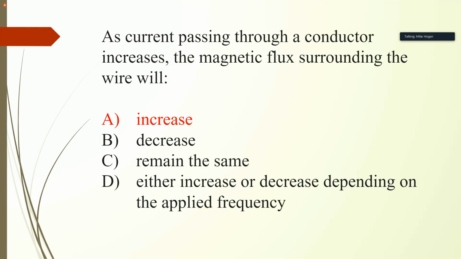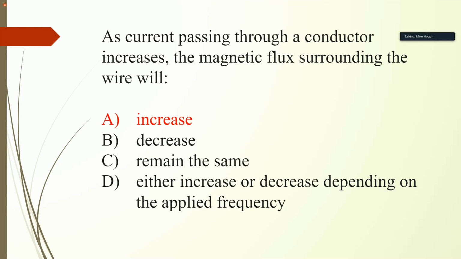So it'll increase, right? It's saying that the magnetic field around the wire, if I have a current flowing through that wire, is going to create that magnetic field. If I increase the current, it's going to increase the magnetic field. One thing to think about is those clamp-on meters.